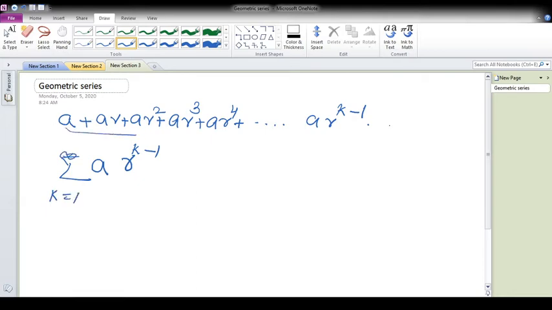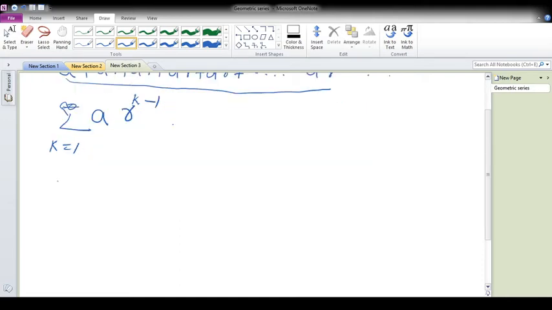I emphasize that a geometric series is a series whose terms are given as follows: the first term a1 is a.